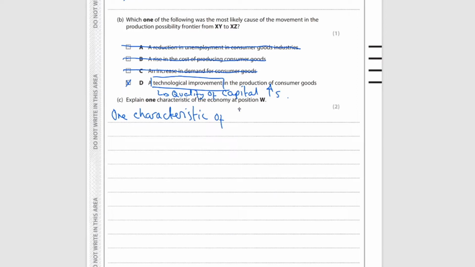So one characteristic of the economy at position W is spare capacity.